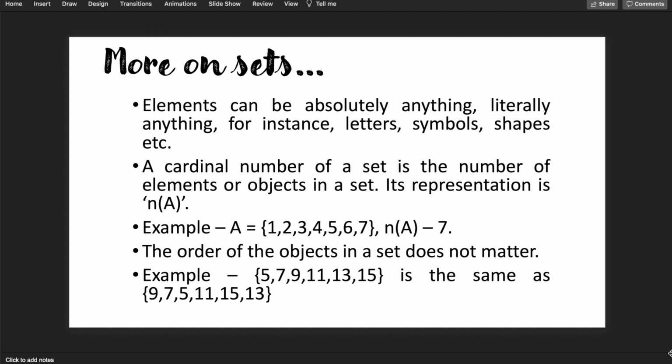So that doesn't matter. When you're doing permutations and combinations and other higher concepts in math, you're going to come to know that the order of the objects in a set does not matter, but only applies to sets. It does not apply to anything else.